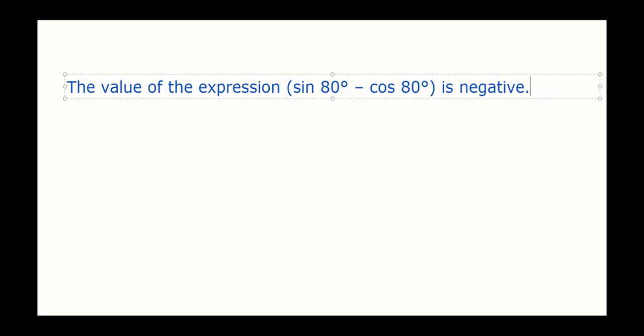Others? Nikhil says false. Anvi says false.